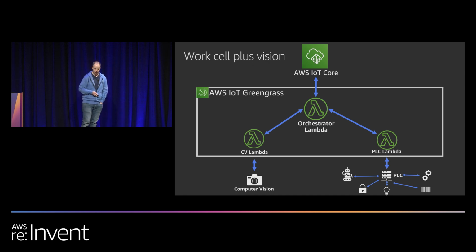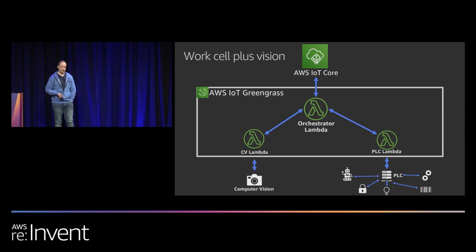And on the right you have a PLC lambda, similarly maintaining a persistent socket-based connection to this PLC system. Josh has used the term Ethernet IP. If you haven't heard of that, Ethernet IP is a kind of misleading name, but it's a very specific industrial protocol. Ethernet Industrial Protocol is what we mean by Ethernet IP, and that happens to be the socket connection between the PLC lambda and the actual industrial controller.